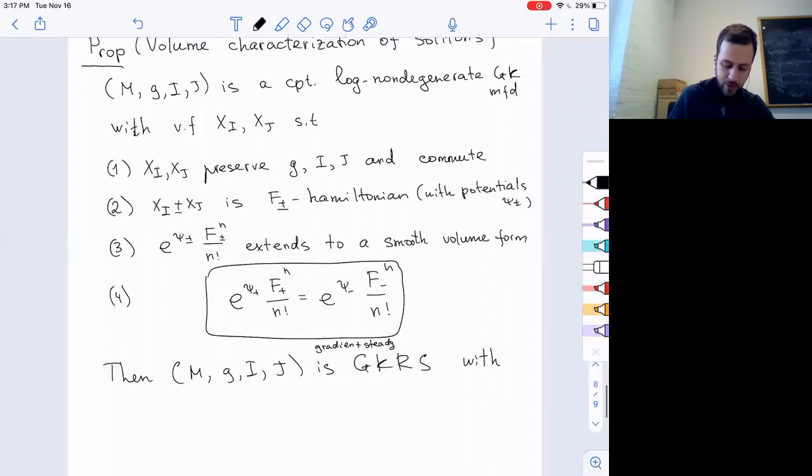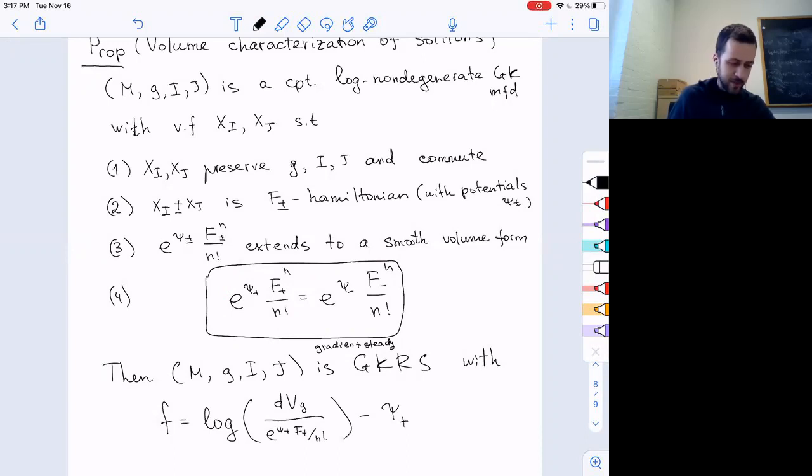I need to specify my function little f. This potential is the log of the ratio of two volume forms: the Riemannian volume form and this volume form, either this or this, e to the psi plus F plus to the n over n factorial, minus psi plus.